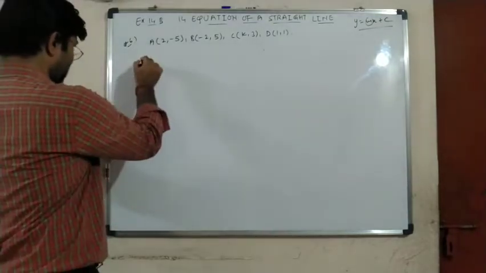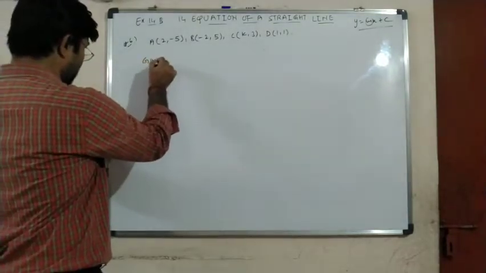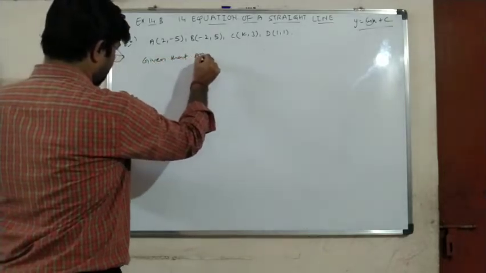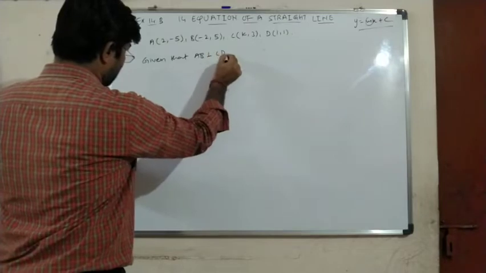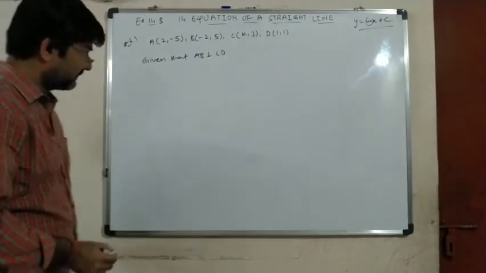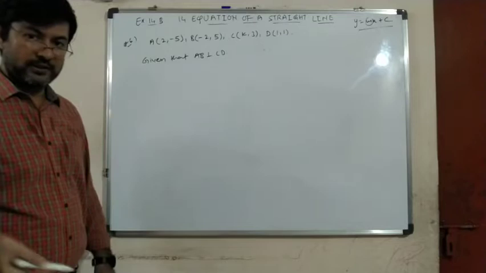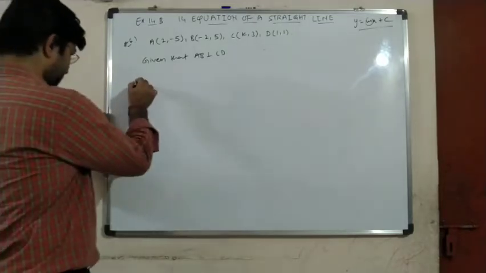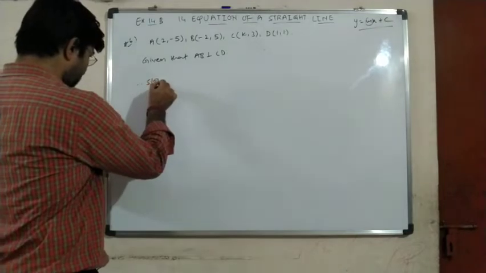In this case, it is given that AB is perpendicular to CD, and we know that if the two lines are perpendicular, then the product of their slopes will be equal to minus 1. Yes or no? Let us find out the slope of AB.